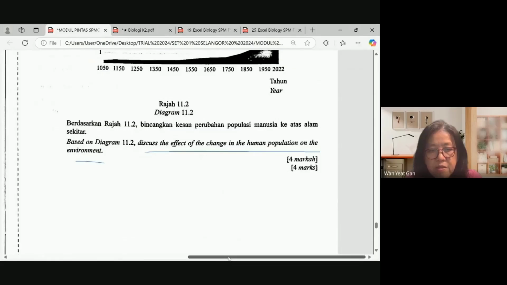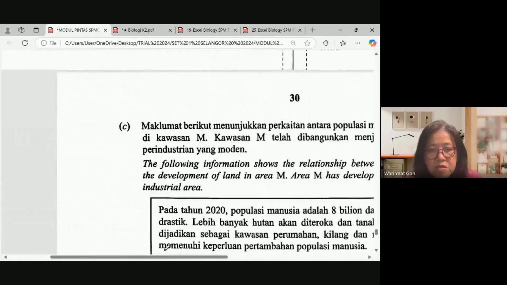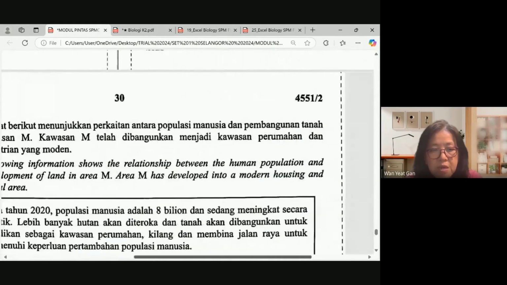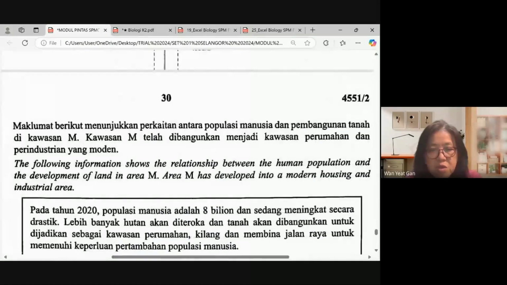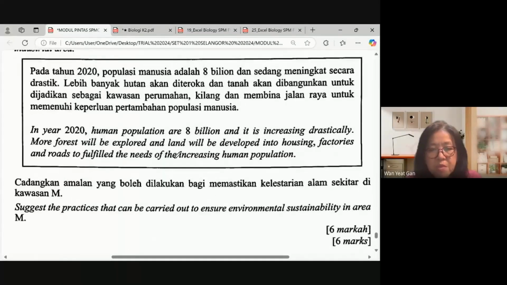Okay, let's continue with section C here. The following information shows a relationship between human population and development of land in area M. M has been developed into a modern housing industrial area.